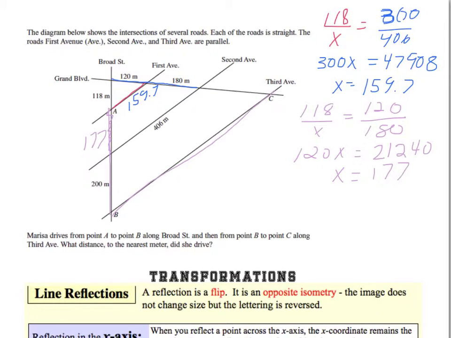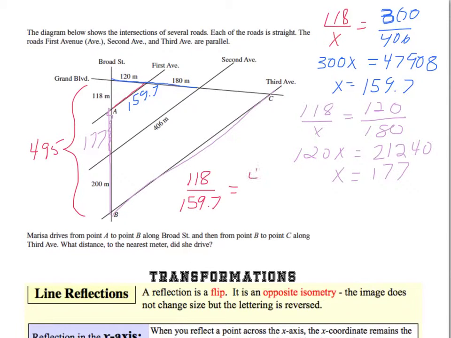Now the only other piece that I need to find is the side that is BC. And so I'm going to use my little triangle, which is 118 over 159.7, because that 159.7 corresponds to BC. And then I'm going to use the big triangle, which over here has a total sum of 495 is that total length.